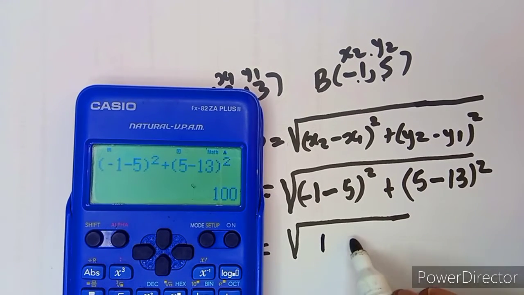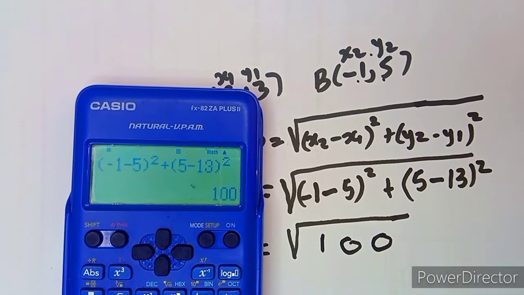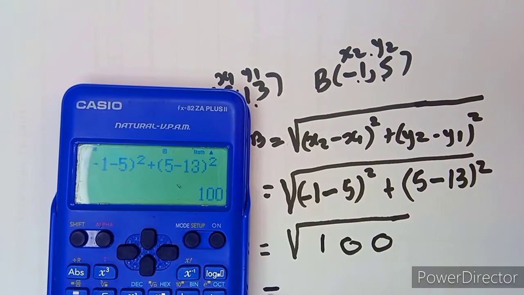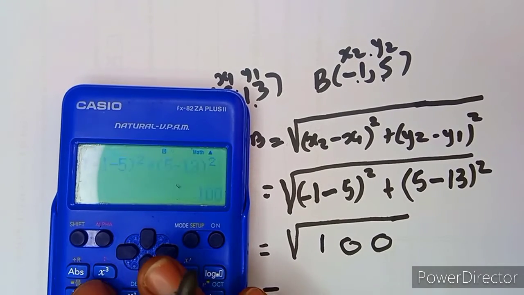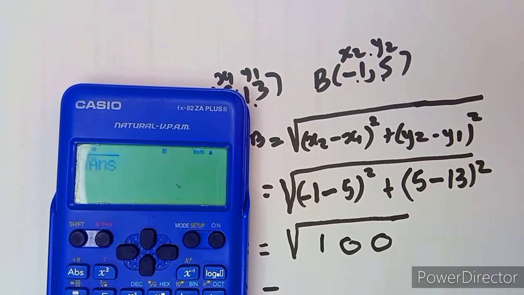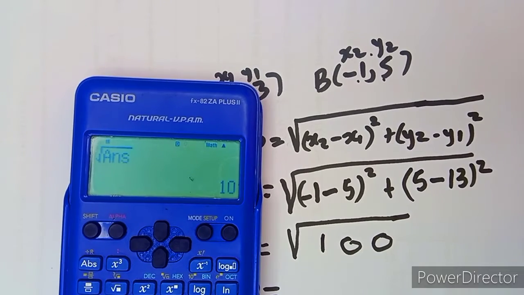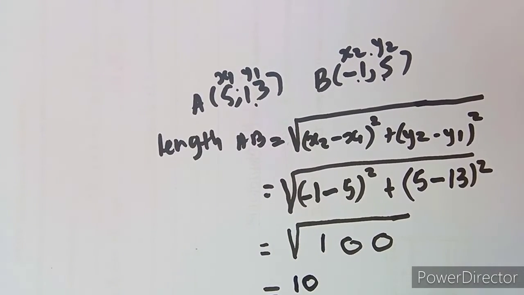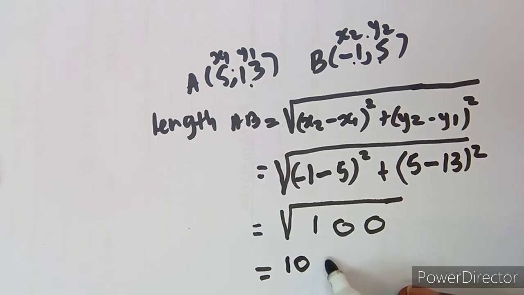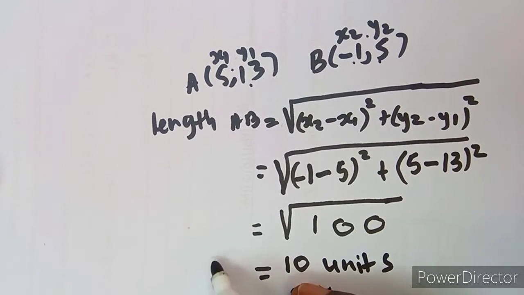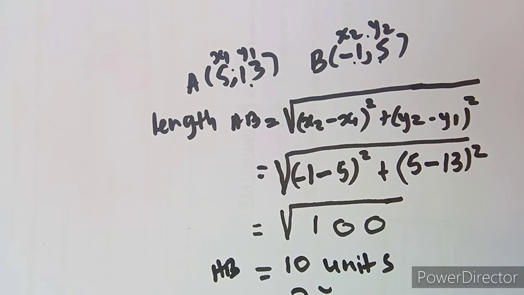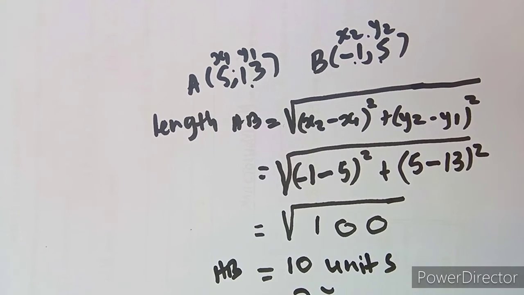So I'm going to have the square root of 100, which gives me 10. That is the length AB. Take note that the length is given in units, so the length of AB is 10 units.